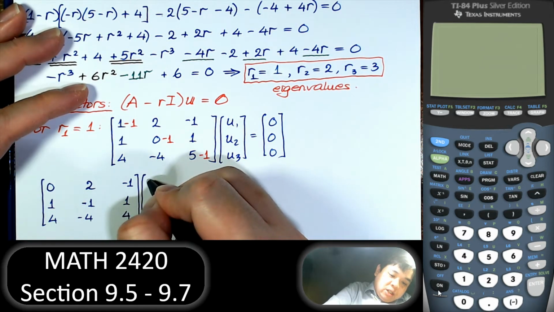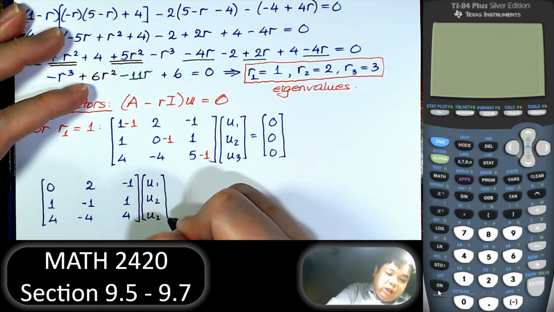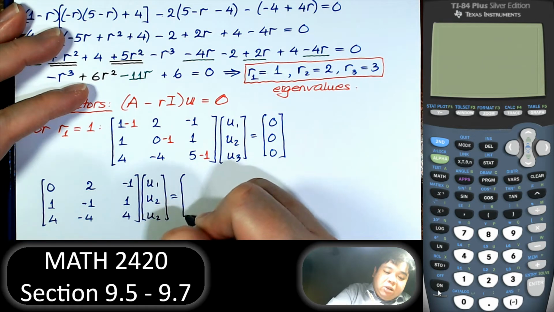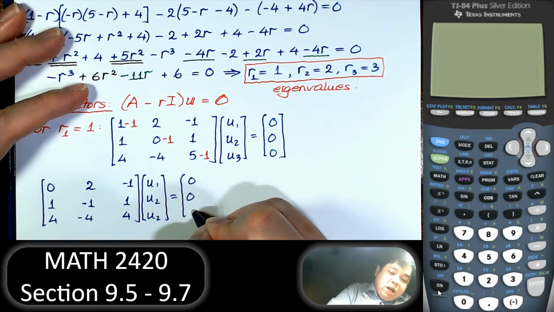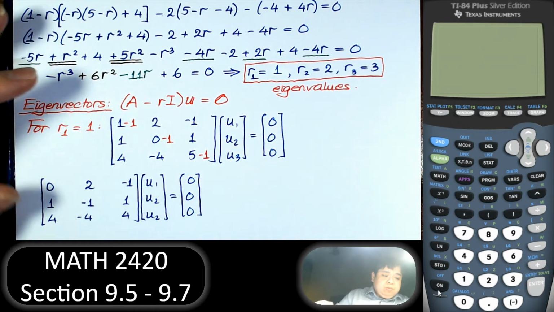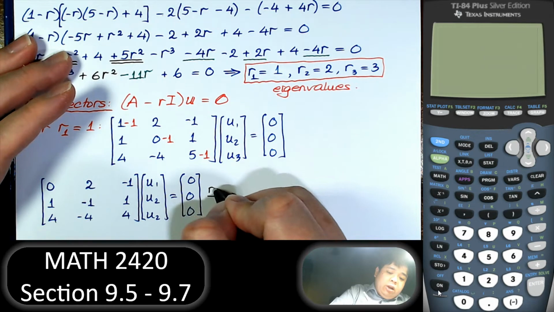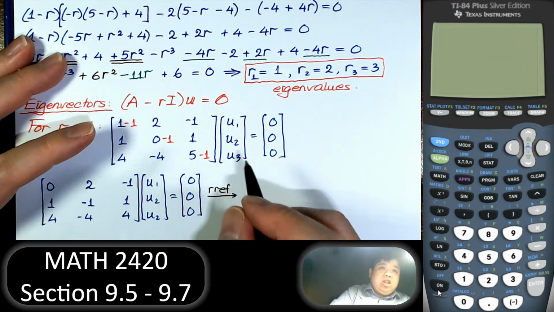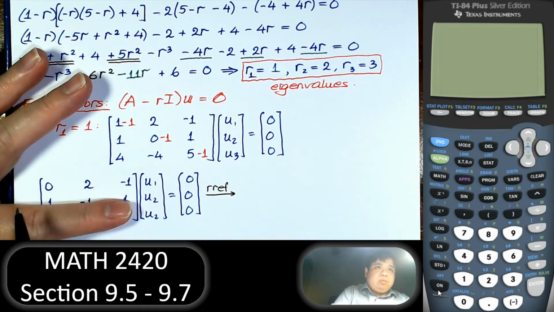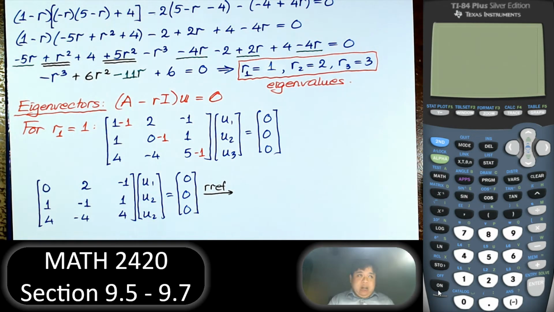But we're not going to just take that, because when we have 3 rows, one may not be a multiple of the others. But we know that they are linearly dependent. So what I usually do, just to be safe, is go ahead and do the reduced row echelon form. If it's a 2 by 2, just take 1 row and do the math. But if it is 3 rows, you cannot do that.